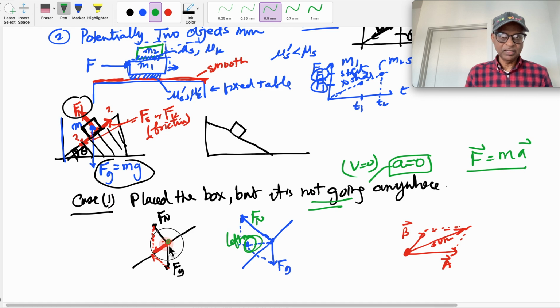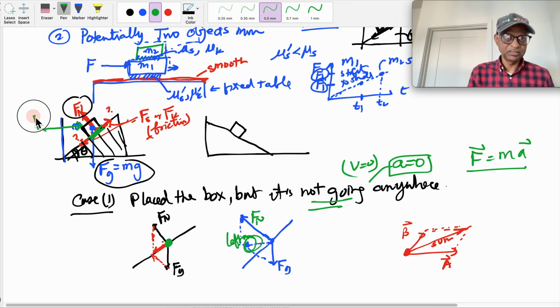Then we say, okay, the only thing will be along this contact surface. There is no other force. Maybe suppose this problem had a force F0, somebody was pushing, then oh yeah, there is a force like that.